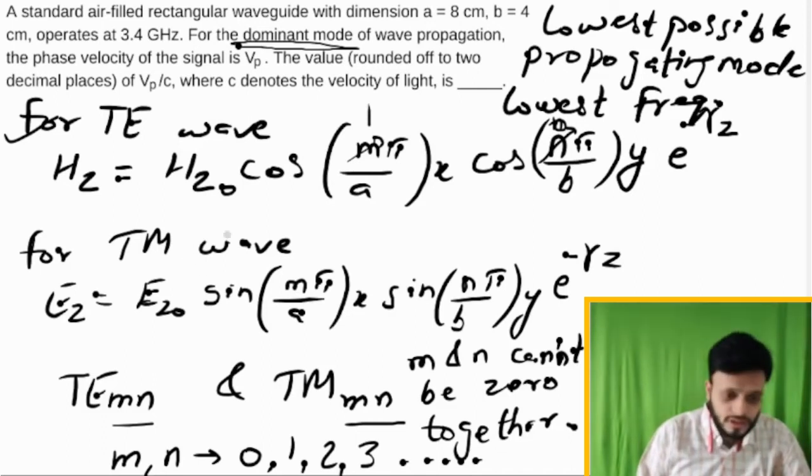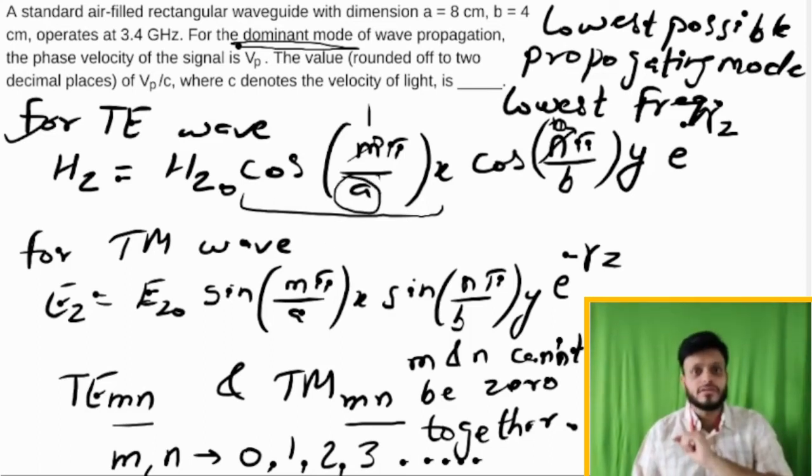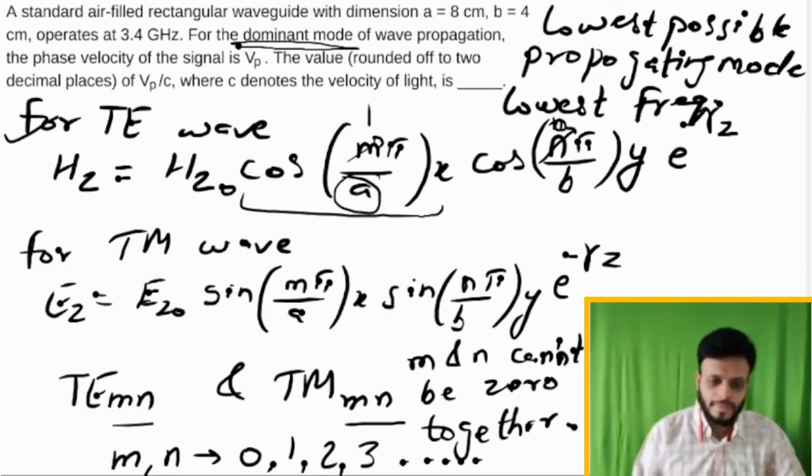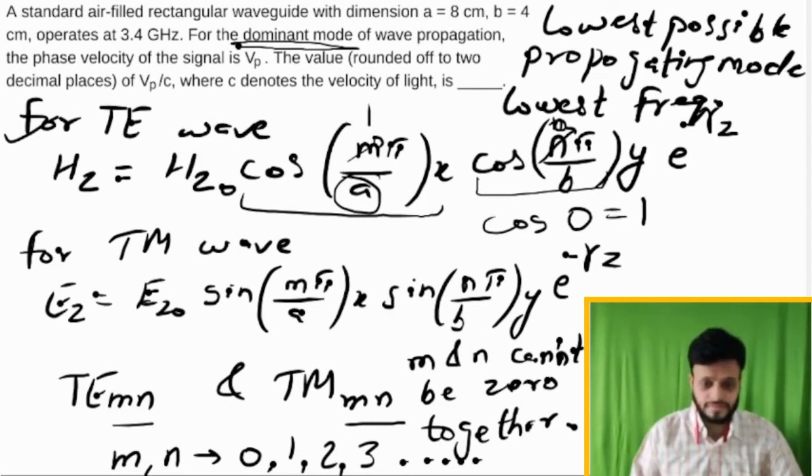this first cos component will take some arbitrary value based on your dimension a, but it will not be 0. And here, as we are putting n as 0, we have to deduce this as cos 0 degrees or cos 0 radians, which is 1.